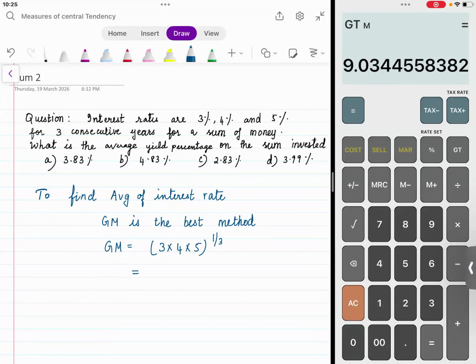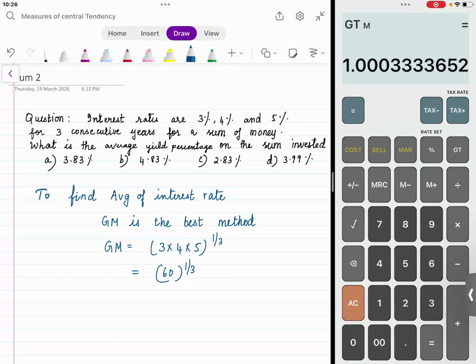So what is 3 into 4 into 5? 12 into 5, 60 power 1 by 3. You remember the steps, I hope. So 60 power 1 by 3. How do we do this? We have to enter 60, press root 12 times. Then I'm going to subtract 1, divide by 3, add 1, and I'm going to get a value.